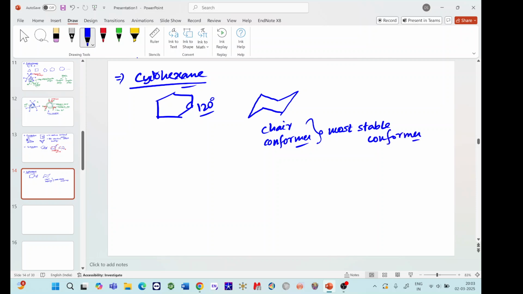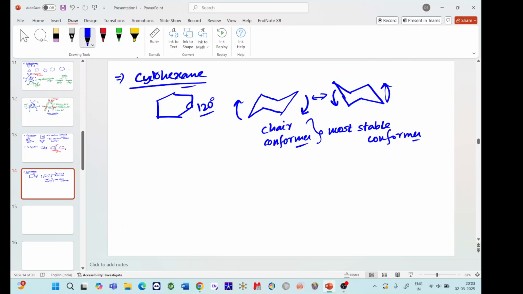You can have it either this way or the other way. If I flip it, it will go this way. Now this can interchange. I can flip it this way, it can go to here, then you will get the reverse. This is called the chair conformer.